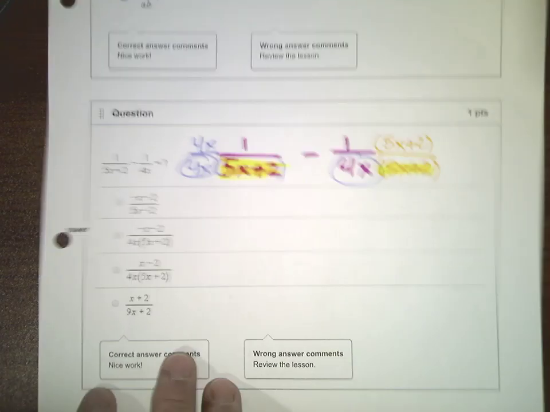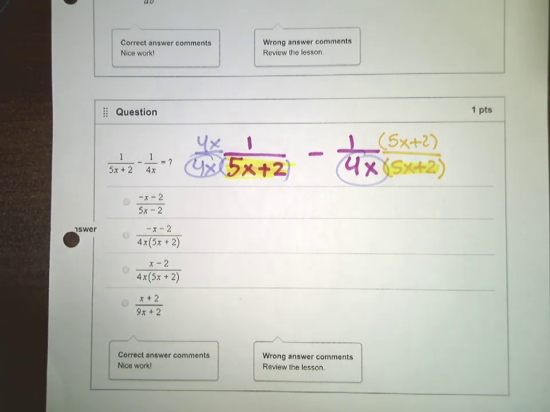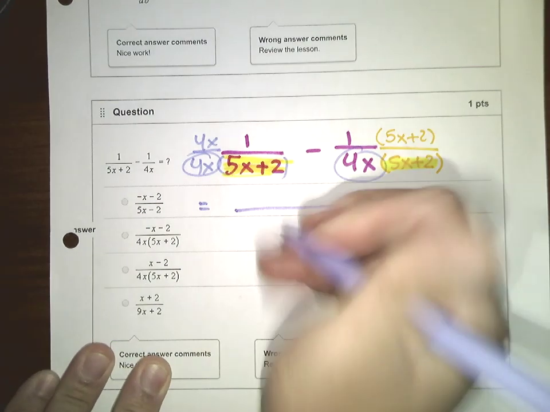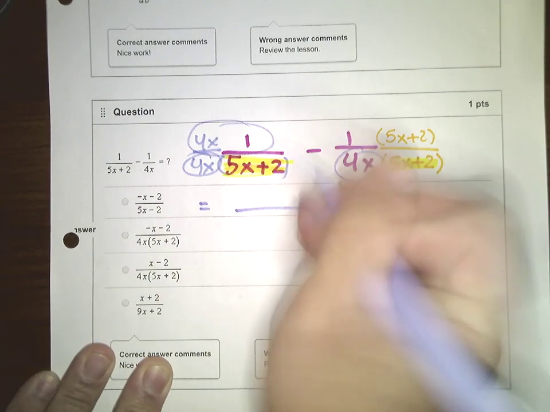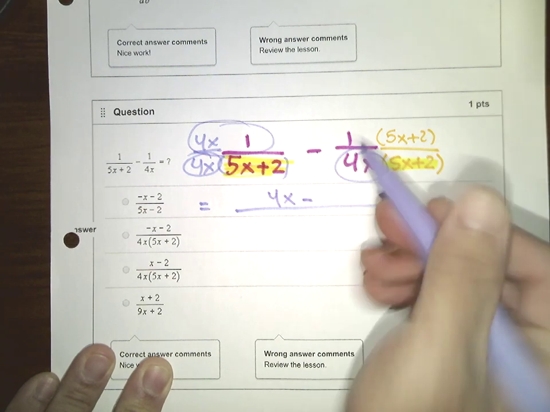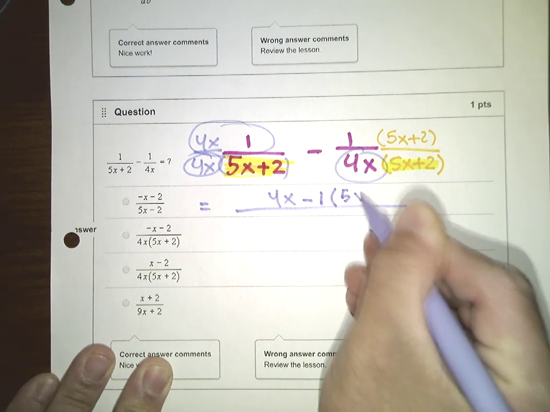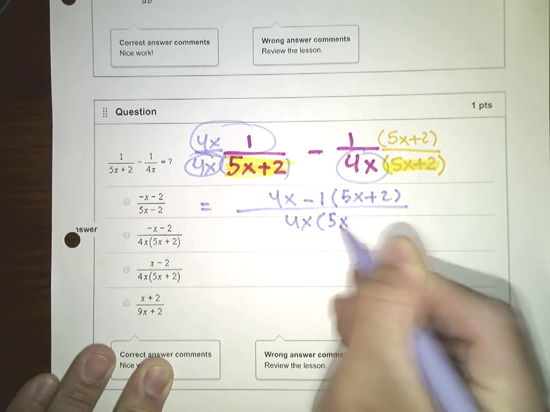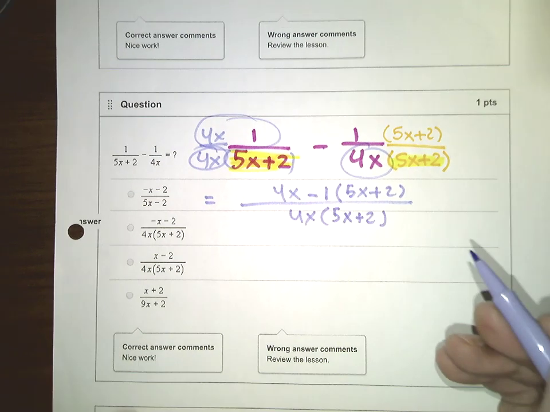So as long as I make sure that both of the denominators are the same, then I can go ahead and just subtract the numerators. So 4x times 1 is 4x, then minus, don't forget to think of this as minus 1 times 5x plus 2, right? And then it's all over 4x times 5x plus 2. Why is that minus 1 important?